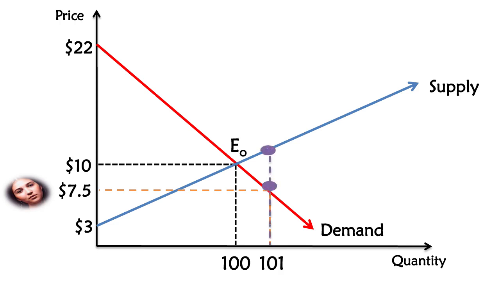Producing the 101st unit would cost the producers more than $10. Hence, producing it would not be profitable to them. It also means that the benefit to consumers from consuming the 100th unit was exactly $10. Their benefit from consuming another unit, that is the 101st unit, would be less than $10.